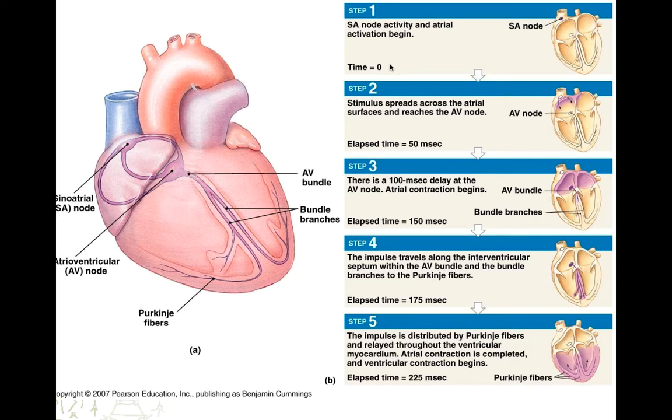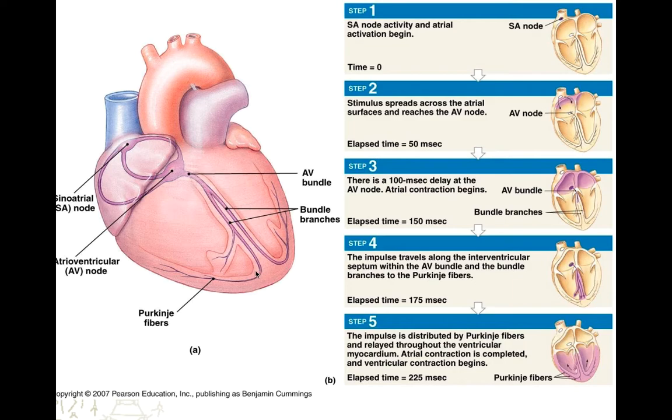This is the whole thing from start time 0 being in step 1. And so then 50 milliseconds later, that action potential is traveling around the atrium. When we get to step 3, we are only at 150 milliseconds. As we move down to step 4, it is now transferring from the AV bundle to the bundle branches.